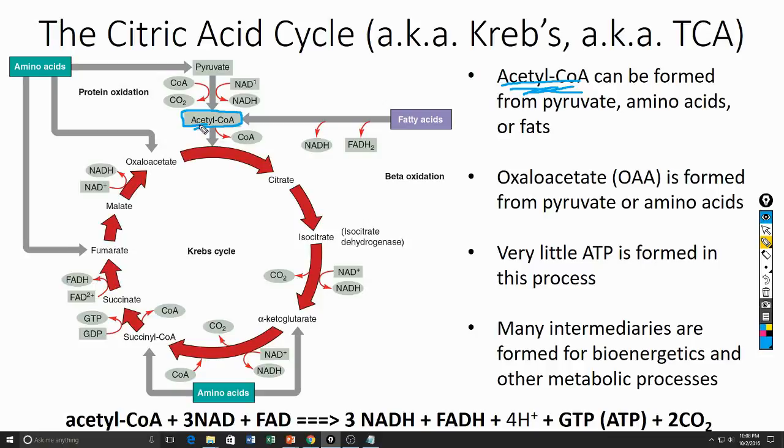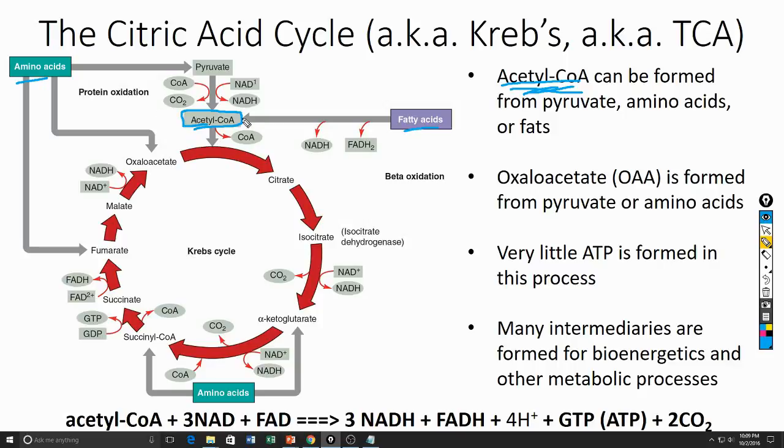There are a number of ways you can create acetyl-CoA, which is why the aerobic system can burn anything. Amino acids are protein, fatty acids are fat, and pyruvate comes from carbohydrates. So if we talk about macronutrients, that's protein, carbs, and fat. You can burn anything you can eat within this system, as long as it's a macronutrient. I'm not talking about some pica person here. That's a real benefit to this.